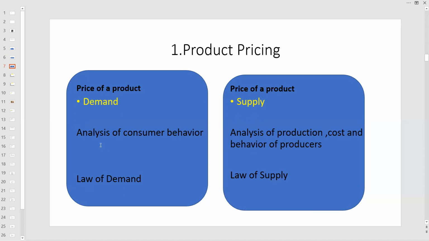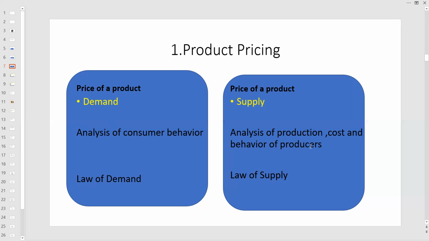So on the demand side, we have to study law of demand. On the supply side, we have to study law of supply. So these are the parts of microeconomics, and they are included in the scope of microeconomics, because who demands? The consumer. The consumer goes to the market, he purchases various commodities from the market.